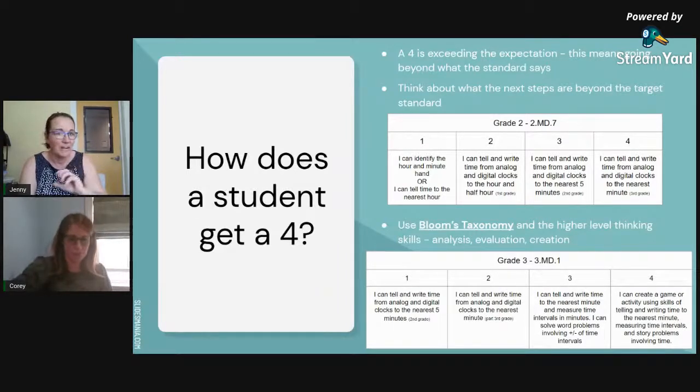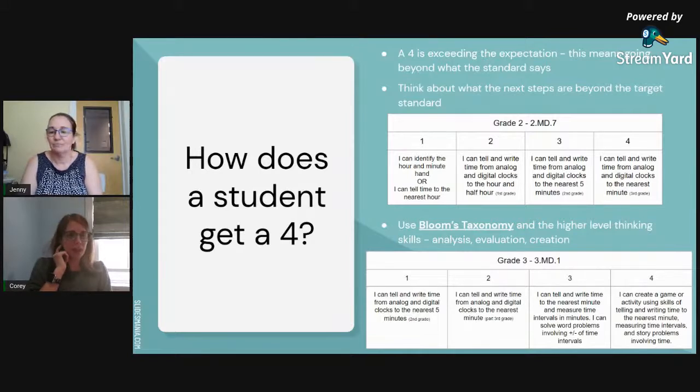If you've seen them already, go back and refresh yourself. They're there for you to continuously go back to, in case you have any additional questions. Yeah, I think that's important to know, because there are a lot of learning scales and rubrics that have already been created. Good point.